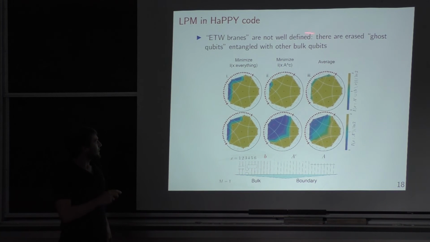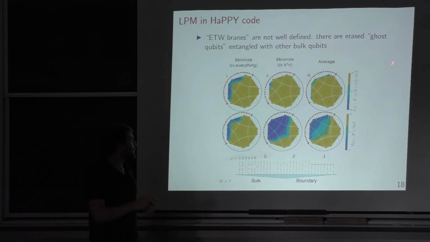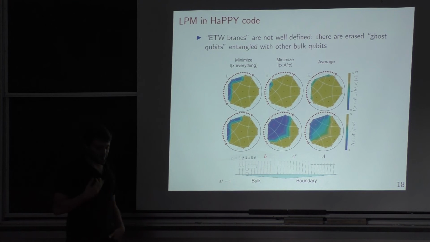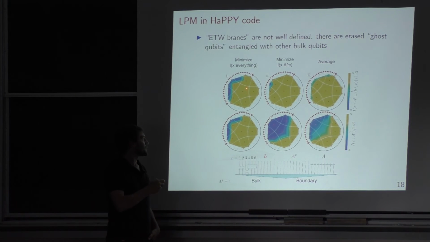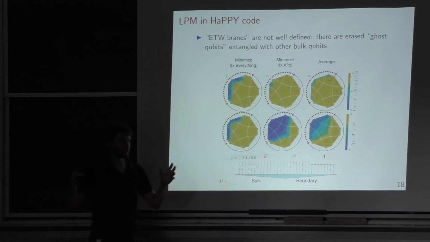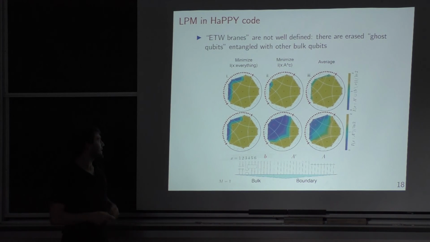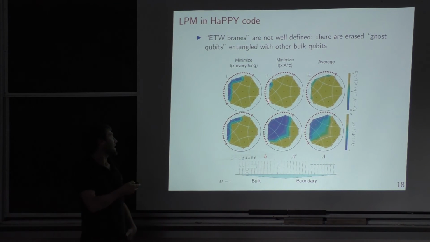In fact, you can detect the existence of these ghost qubits by computing the mutual information between each bulk qubit and everything else in the network, so both the boundary and other bulk qubits. And what you see is that you can still tune the brane this way, but you cannot tune it to come very deep into the bulk.